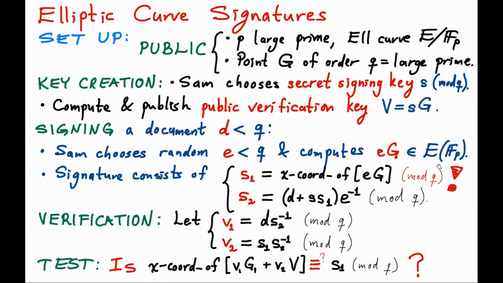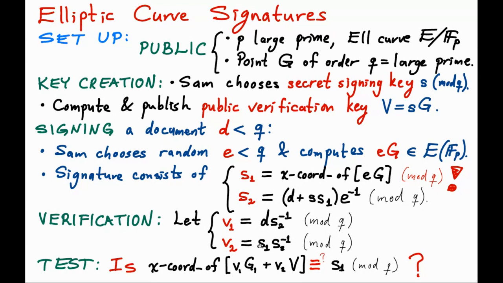For verification, what you do is really similar to what you did in ElGamal modulo n. The first part of the calculation is getting this V1, which is obtained with arithmetic modulo Q as D over S2.